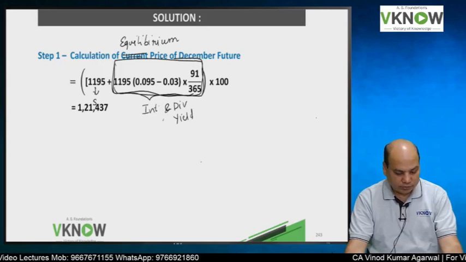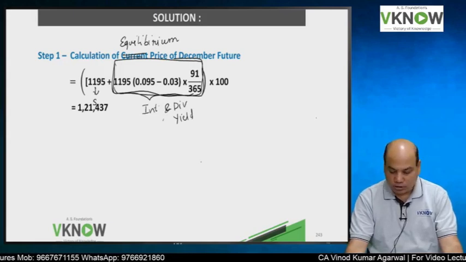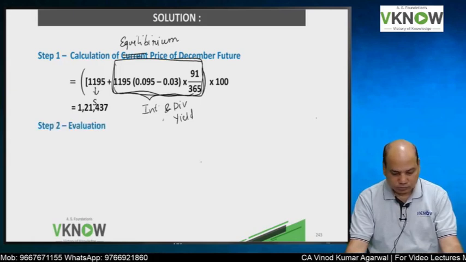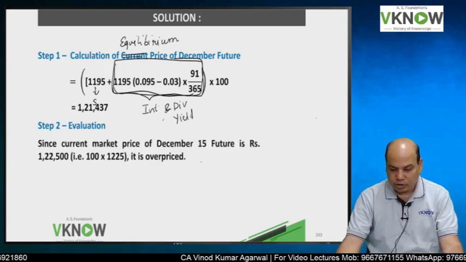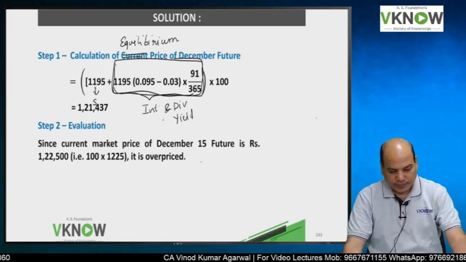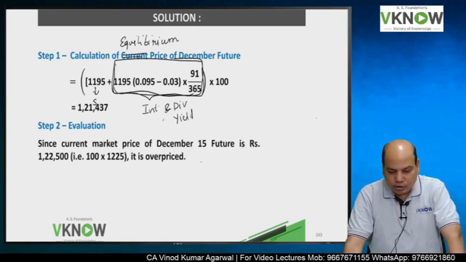Is the answer right? 1214.37. And what is the actual value of the index future which is trading in the market? 1225 they have given. So it means it is overvalued.